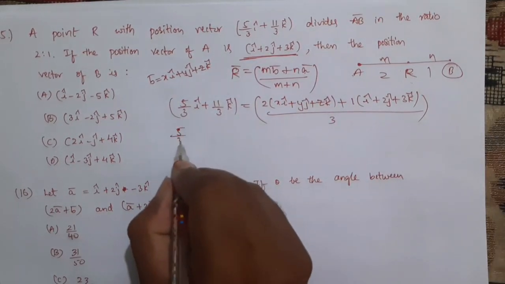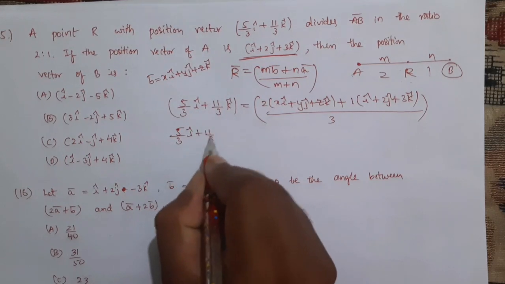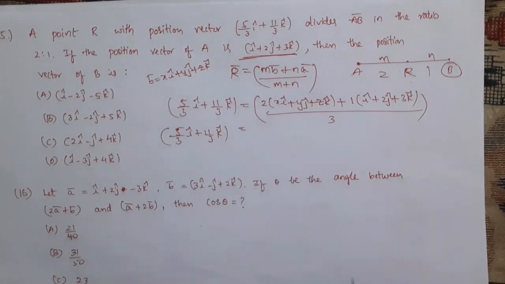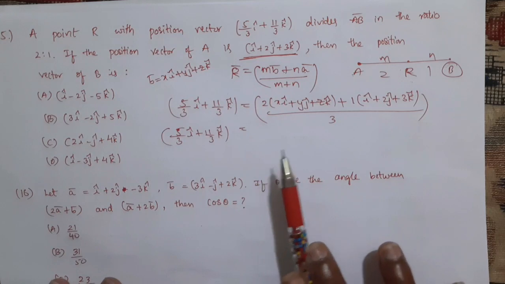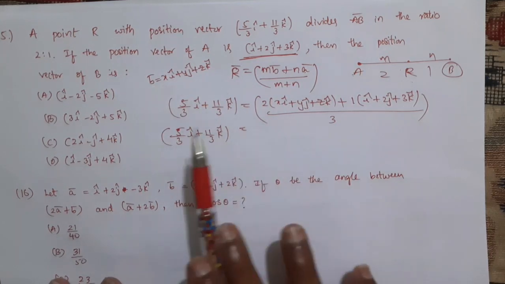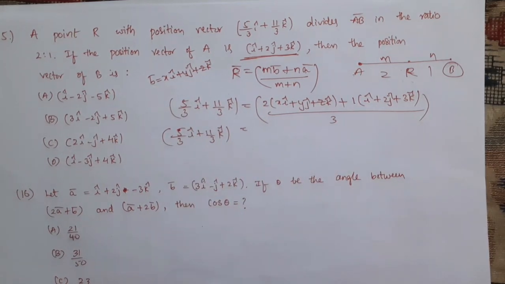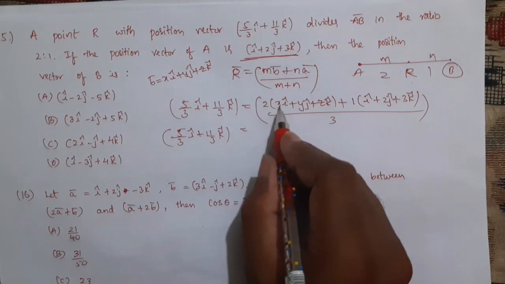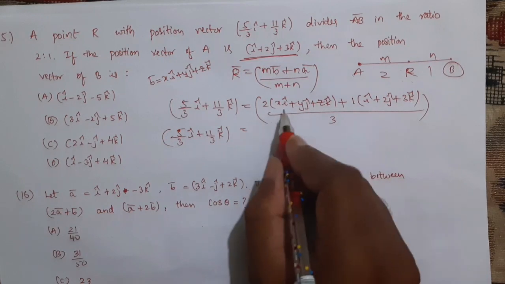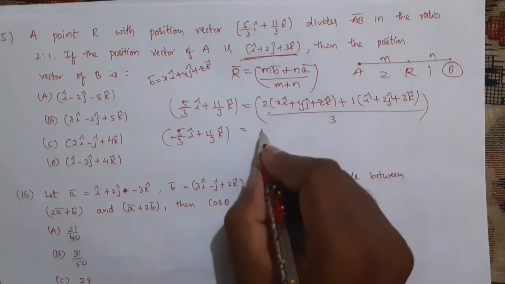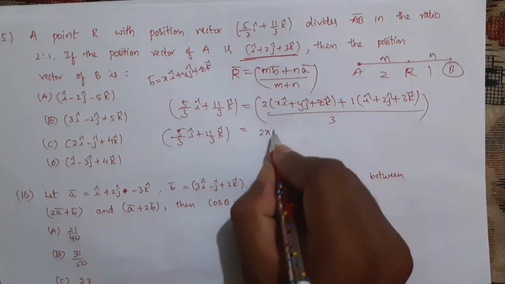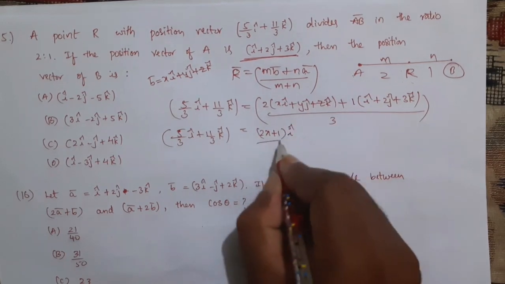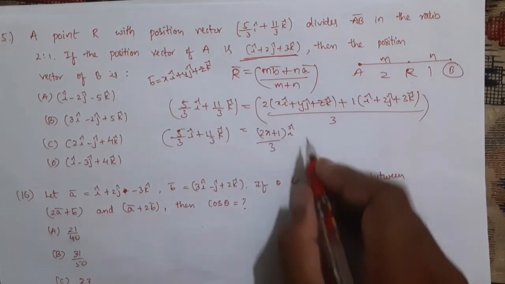So it equals 5/3 I cap plus 11/3 K cap. Now to simplify this we only need to equate the coefficients. This will be 2x plus 1, taking I cap common, it becomes (2x plus 1) into I cap divided by 3.